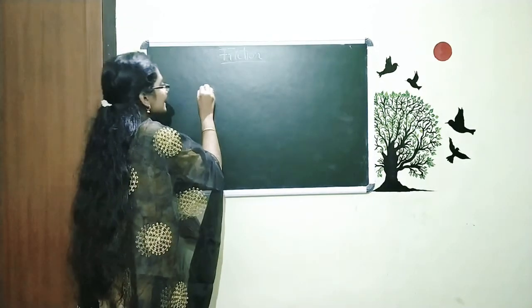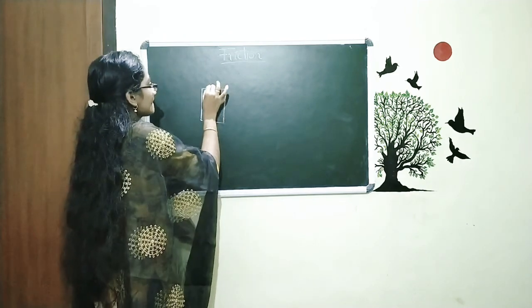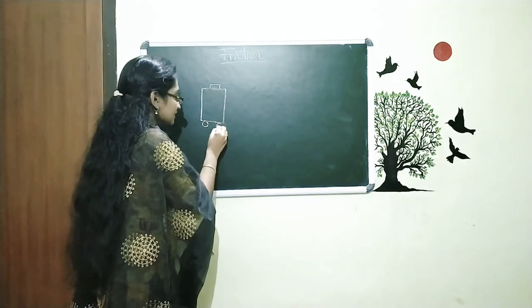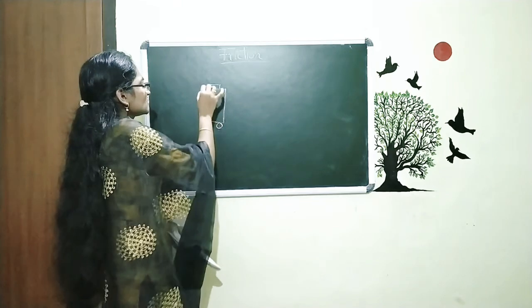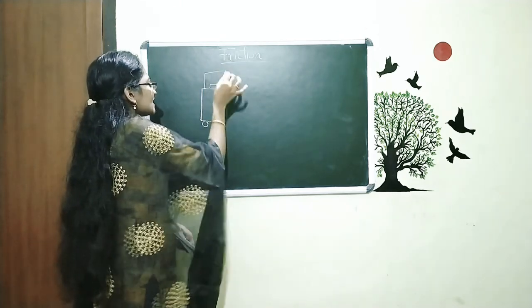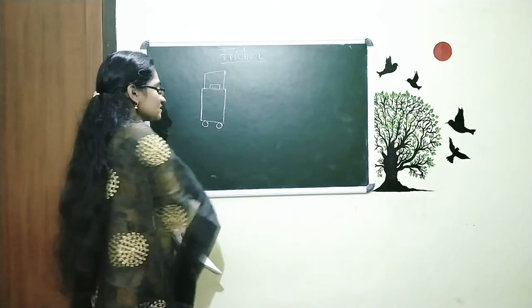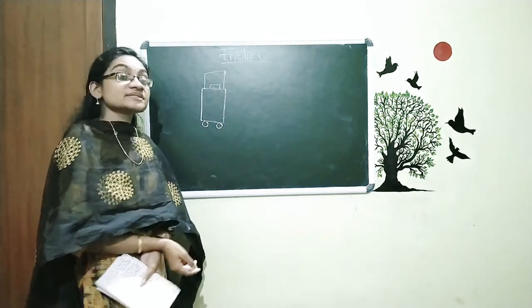You can see certain types of luggage bags which have small tires, and we call them trolleys and so on. So it has tires. Why are these tires added? What is the reason for that?